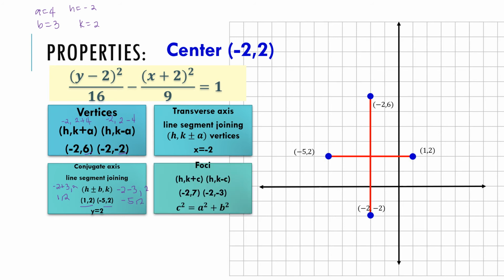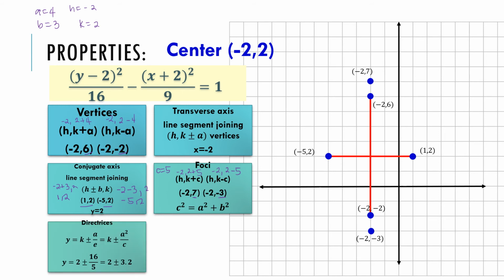There. Next, the foci, C units. Again, C is 5. Plug in lang natin. Negative 2. Our K is 2 plus 5. 2 plus 5 is 7. Next, negative 2. 2 minus 5. 2 minus 5 is negative 3. Okay. Next, directrices.